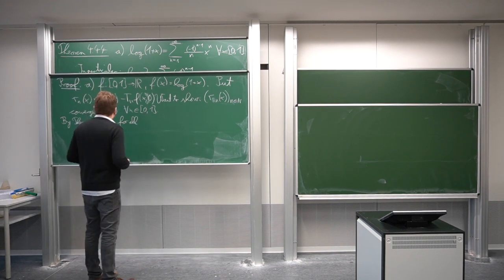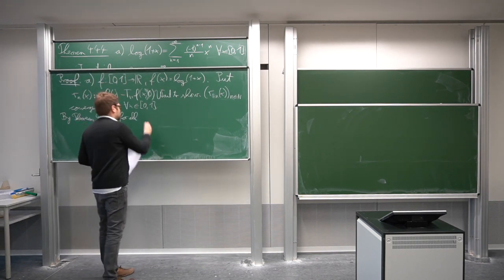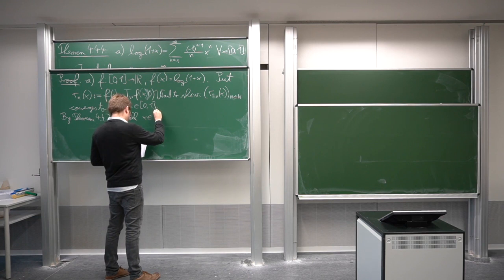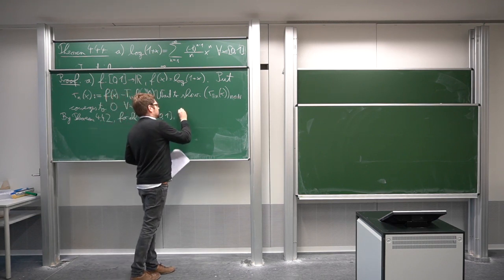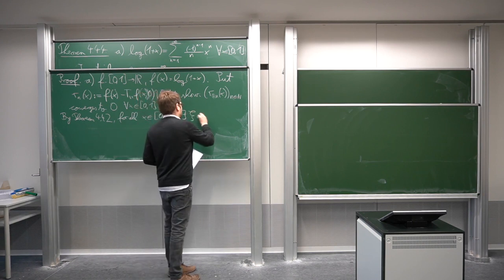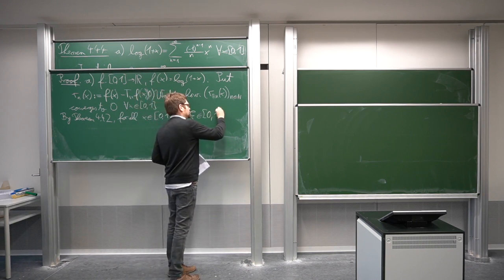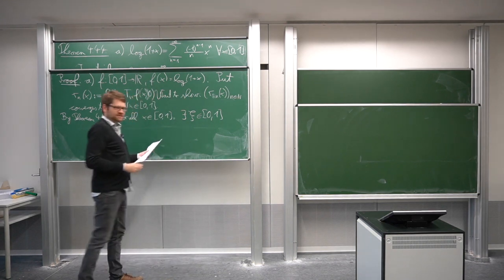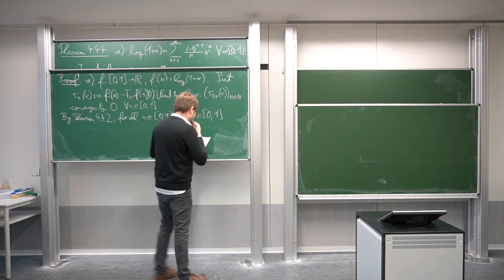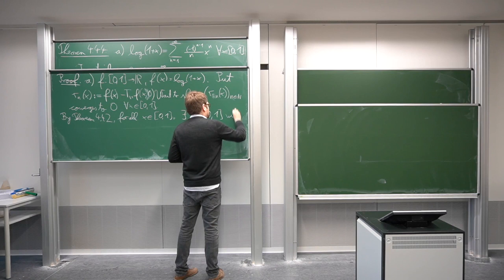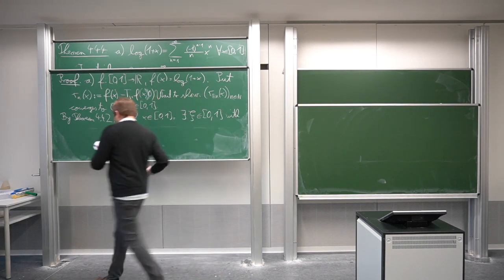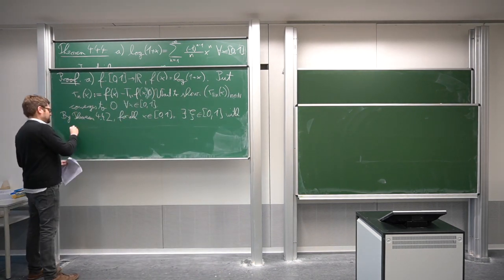So by Theorem 442, for all x between 0 and 1, there exists some psi, where I just formulate this is between 0 and 1. This position doesn't matter at this point. With the property that the remainder of x is then given by this derivative expression.